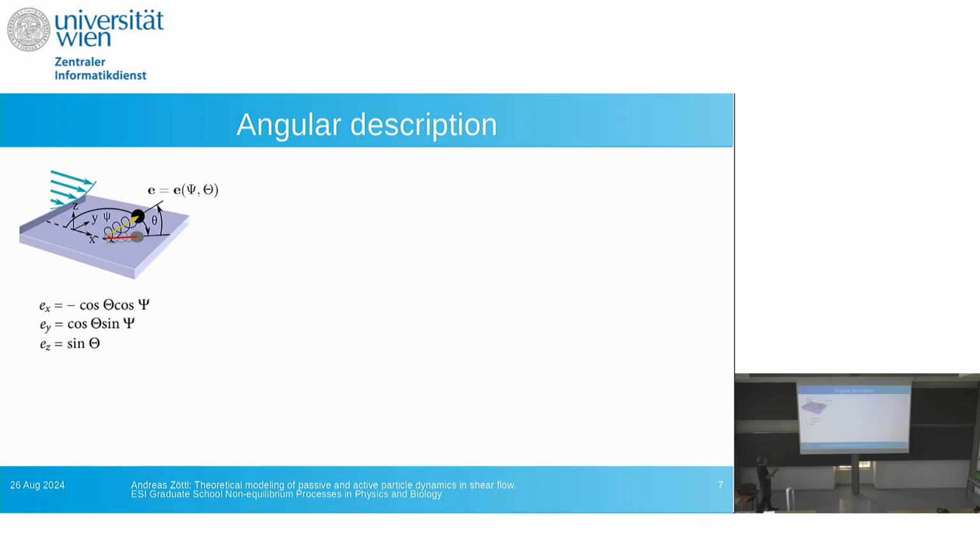It's not just an ellipsoid, but here we have the correct coordinate system. You can define the angles psi and theta as you like. I defined psi as the angle in the xy plane, the vorticity-flow plane, because this is often a plane which can be visualized experimentally. And theta is the out-of-plane angle. This is the director of the particle written in terms of the angles.